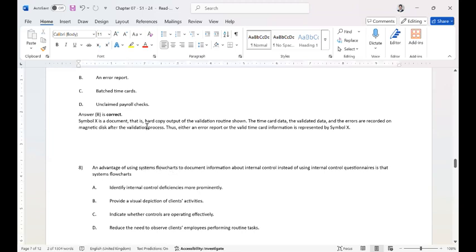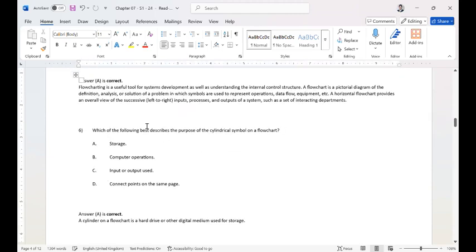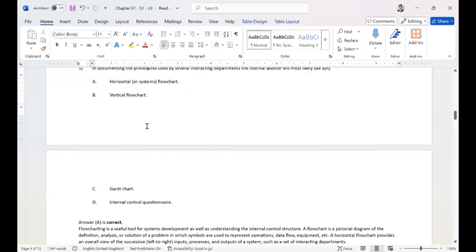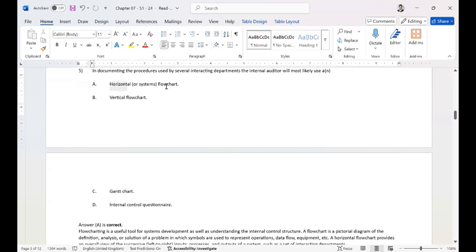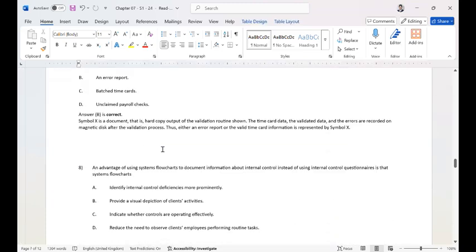What are system flow charts? Are they horizontal flow charts here? System flow charts or horizontal flow charts, not the normal vertical one. Let's go back to the question. System flow charts. Instead of questionnaires, is that system flow charts?